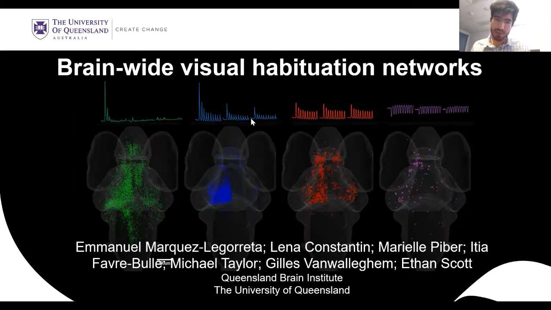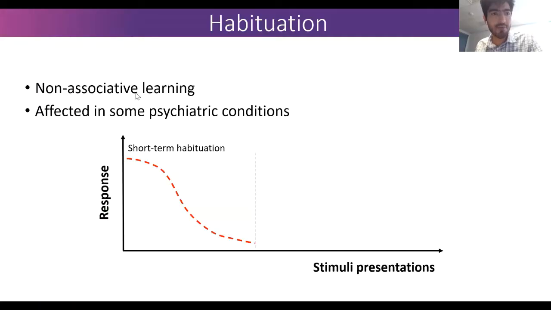So I will first quickly mention what habituation is. Habituation is a type of non-associative learning, which is affected in some psychiatric conditions, and that's why there's some interest in studying it. For example, in schizophrenia or autism, habituation defects are sometimes found. It is basically a reduction in the response to a stimulus after multiple stimulus presentations.